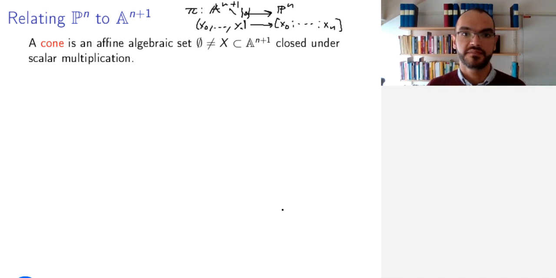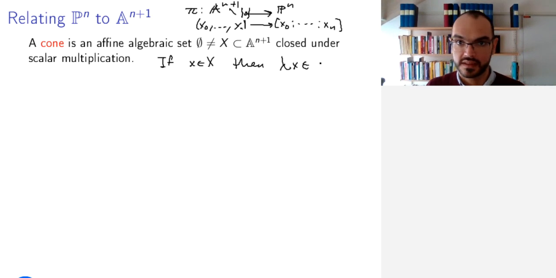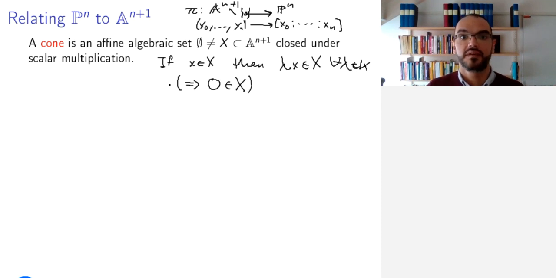A cone in affine space is defined to be a set that is non-empty and closed under scalar multiplication. So this means that if you have x in X, then lambda x is in X for all lambda in K. In particular, non-emptiness amounts to the origin always being a point of this cone.